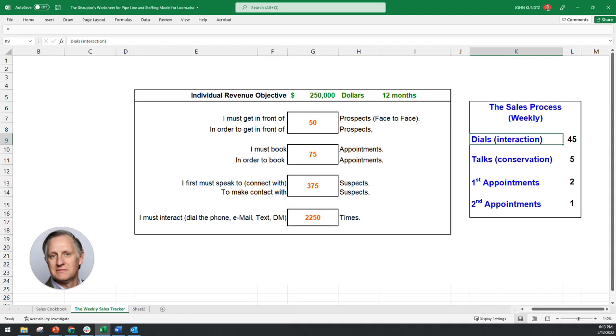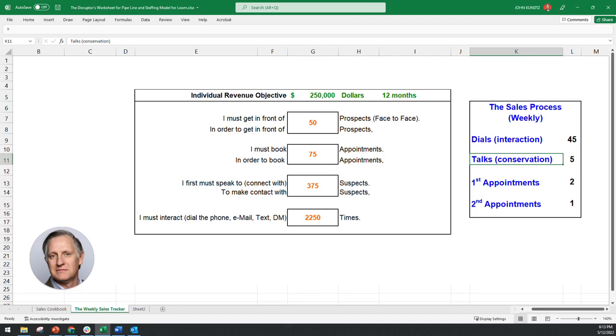I've got to connect, interface, webinar, mail, some interactions that create a conversation. And then assuming that, out of those 45, I get 5 people or 5 organizations, 5 buying groups that want to have a conversation.